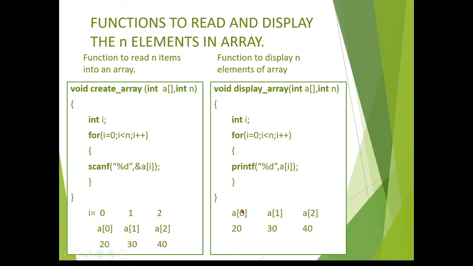At position 0, 20 is printed by the printf statement, at position 1, 30 is printed, and at position 2, 40 is printed.